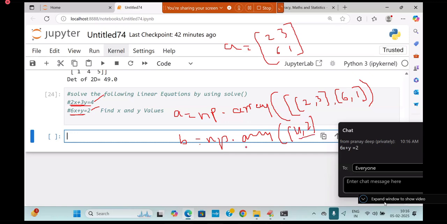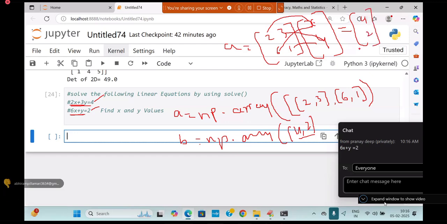And you need to find the value of what? x, y. So how do you take it now? A times x, y. If you multiply, what will happen? The equations come again: 2x plus 3y, 6x plus 1y is equal to what? 4 and 2. Are you following?